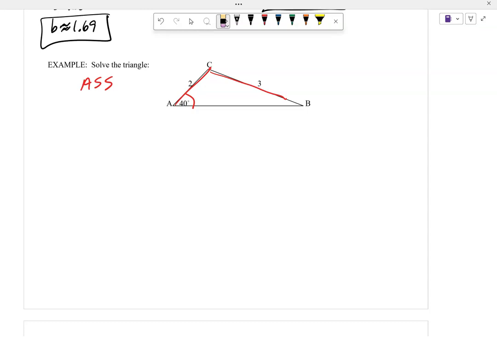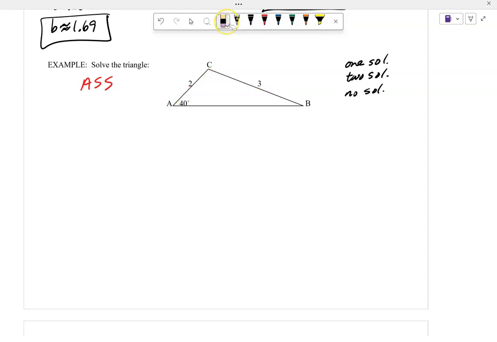But just know that there are three options with the ambiguous case. You'll either have one solution, two solutions, two possible triangles, or no solution. And we'll do examples of each of those scenarios, okay?